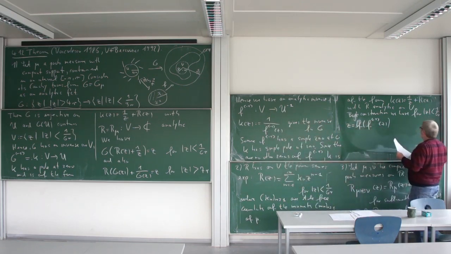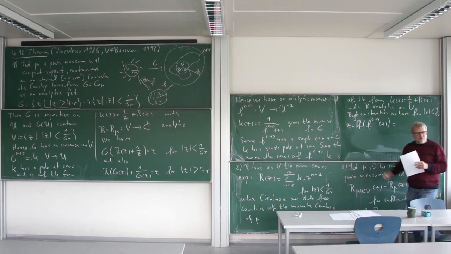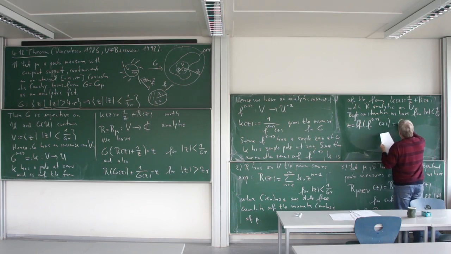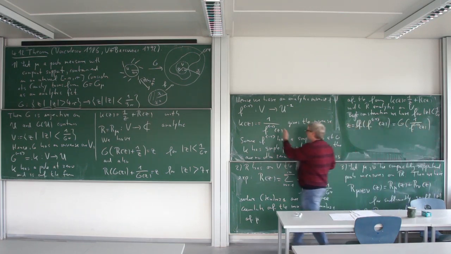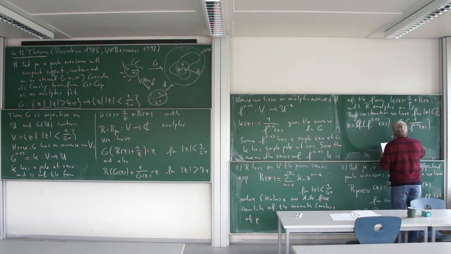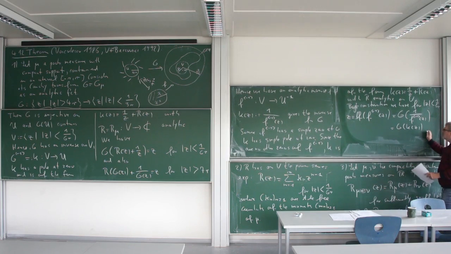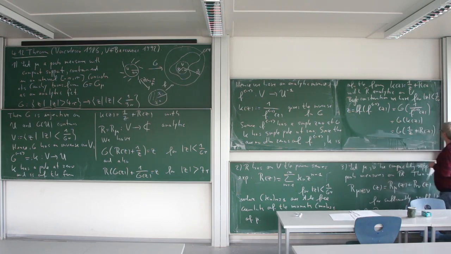So we know on this domain, this is domain B, we have this, but now we just rewrite this in terms of G and K. So F, of course, is G of 1 over the argument. So this is G of 1 over f to the minus 1 of z. But 1 over f to the minus 1 of z is just k by definition. So this here is just G of k of z. And this also is the same as G of 1 over z plus r of z.